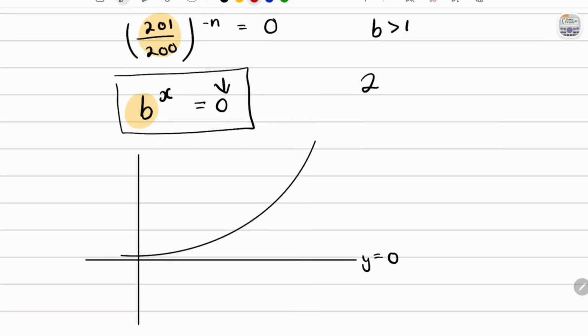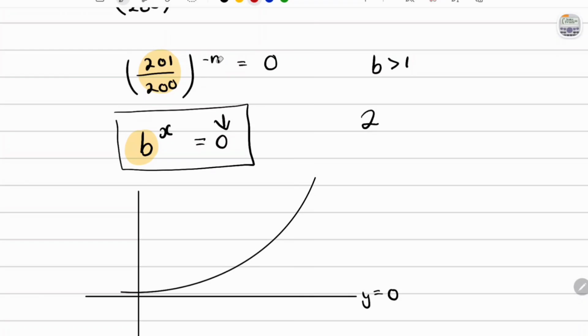With this function, what we can do here is make it look like this one. We already have our b value being greater than 1. But you see that next to n, they multiply by negative 1. We can also do that here. However, that's going to cause something to happen with our graph. If you multiply your x values by negative 1, what you're actually doing is reflecting this graph in the y-axis.